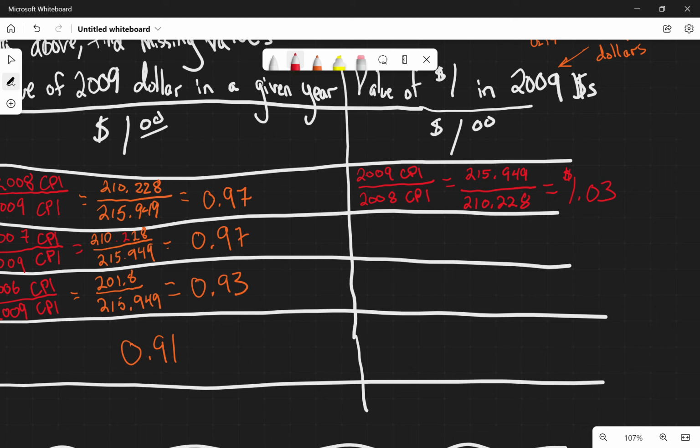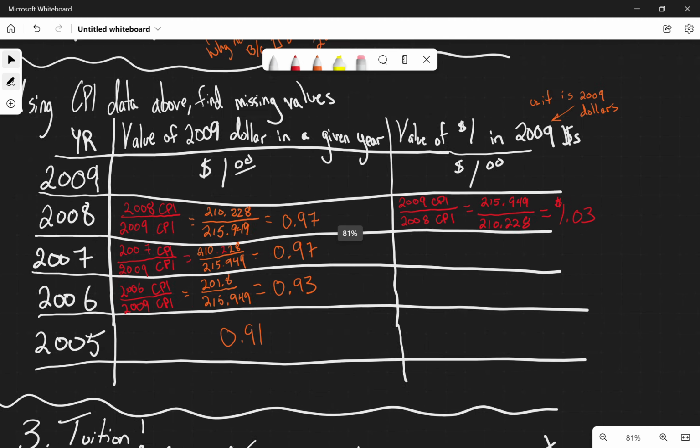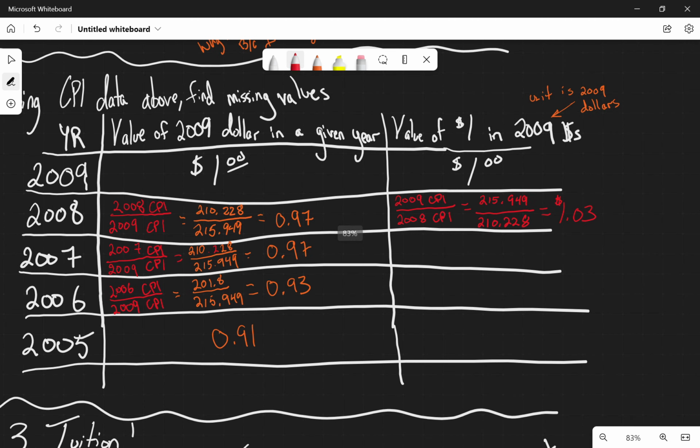So let's keep on going. So for the value of $1 in $2009 for 2007, we would still take that 2009 CPI, and we would divide by the 2007 CPI now.